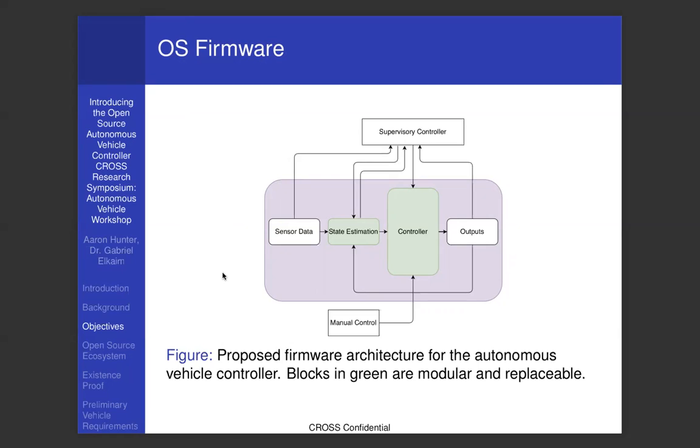The blocks in green are essentially modules within the firmware that are easily replaceable by the adopter of the architecture. In other words, if you are a vehicle controller and you want to provide your own custom state estimation algorithm, this architecture allows you to develop it and drop it in as a module into the firmware, simply by replacing a single file or a single couple of files, if you include the header.